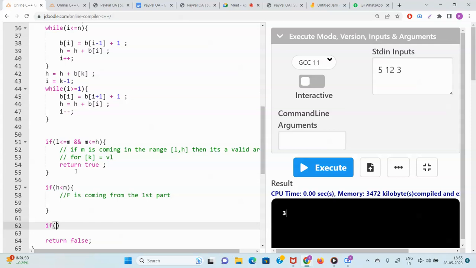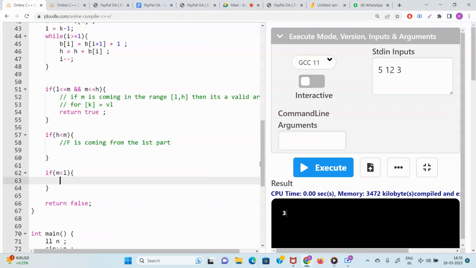In case M is less than L, what does this mean? This means that F is coming from the last part. I'll try to explain one more time.